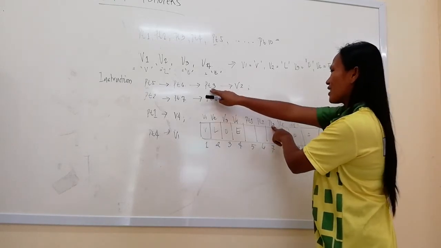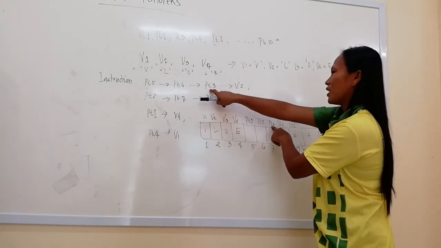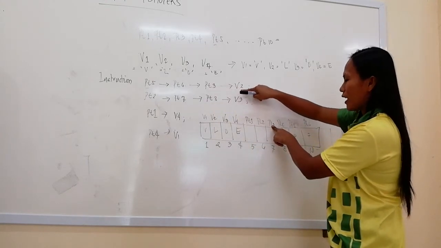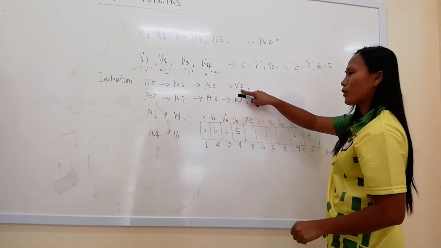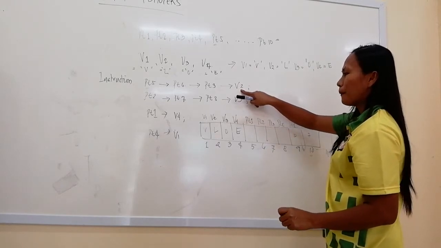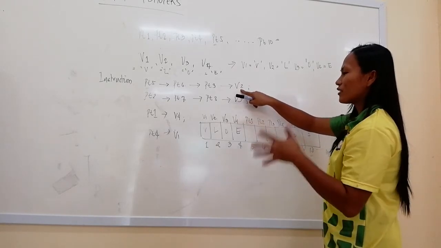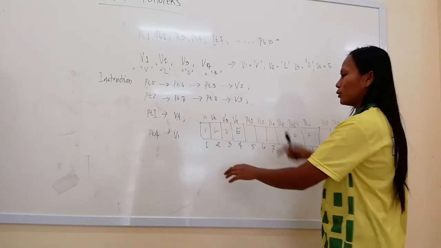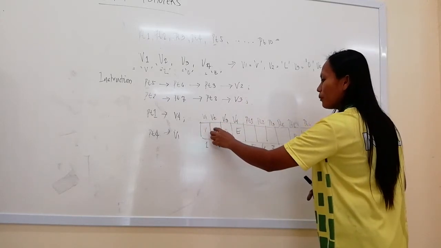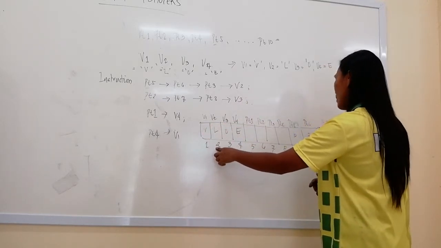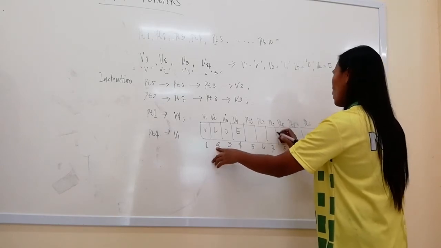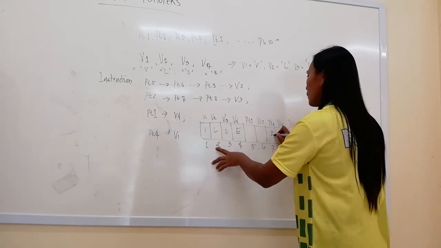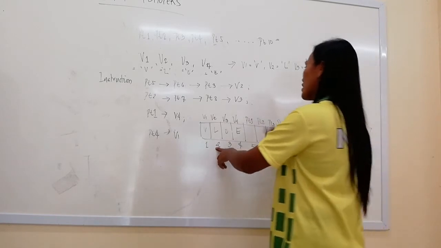Okay, next, pointer 3 points to the address of variable 2. So what is the address of variable 2? As you can see, variable 2 is located in memory address 10. So we have to place 2 here. Okay, next.